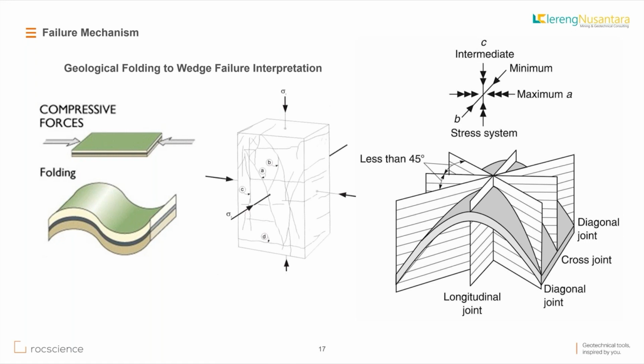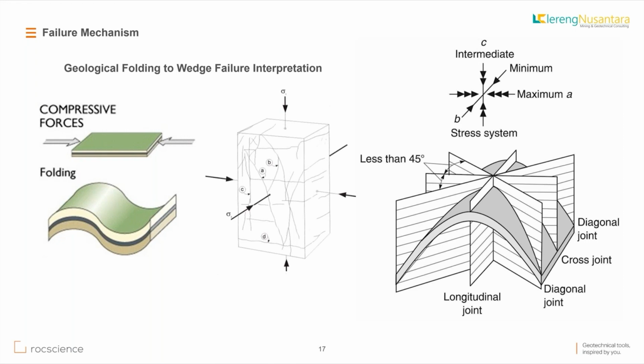And then if you open the lateral constraints by excavation, followed by mining activities and also blasting activities, stress relaxation happens. And when stress relaxation happens, the stress finally has a chance to manifest itself in a physical form as a discontinuity.